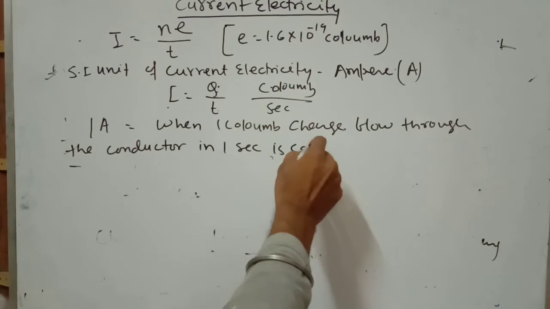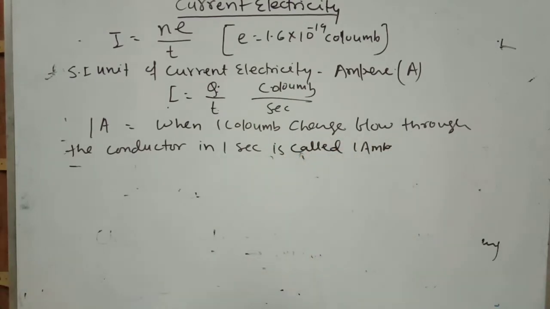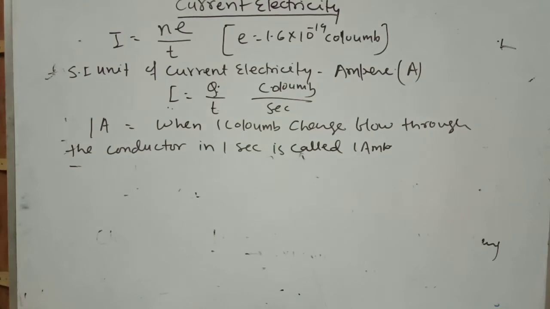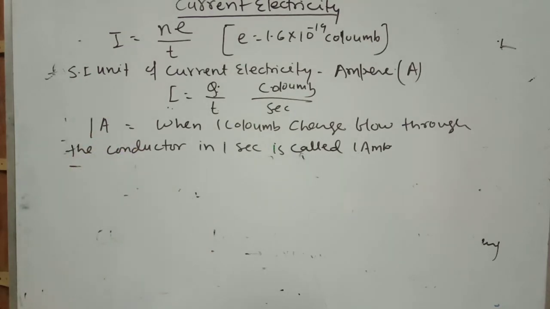You can also say the current is equal to the total charge when the time is 1 second. The definition of 1 ampere: when 1 coulomb of charge flows through a conductor in 1 second, it is called 1 ampere. Is it clear?